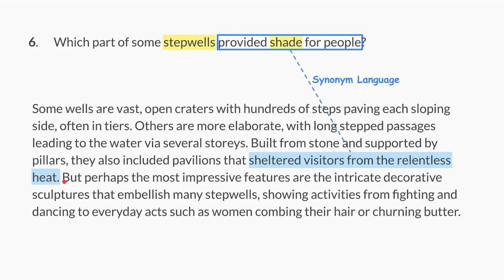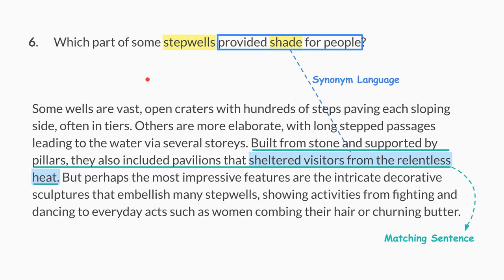Okay? And take note that in this question, we are looking for a very specific thing. The very specific thing is the part. Which part of the step well? That is the specific information that we are searching for, and that information is going to be found in our matching sentence. This is our matching sentence, and our answer is in here. Pavilions. What sheltered?